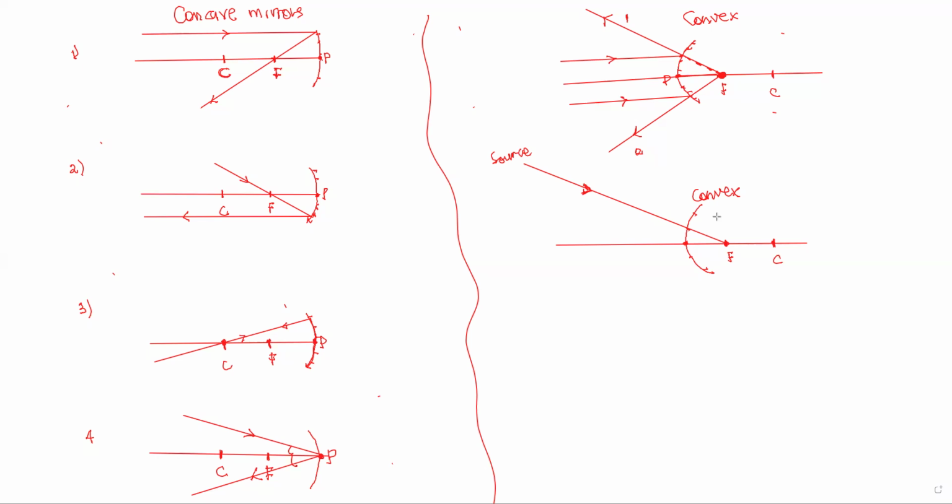Sometimes I think the ray becomes parallel to the principal axis. Exactly. Okay, it is the opposite of the first rule.